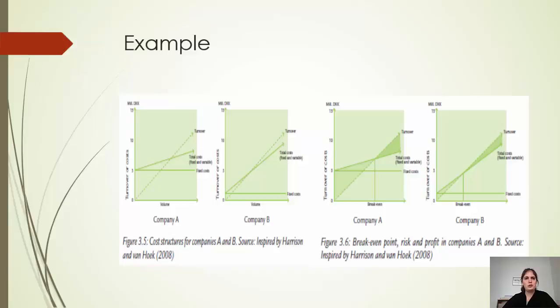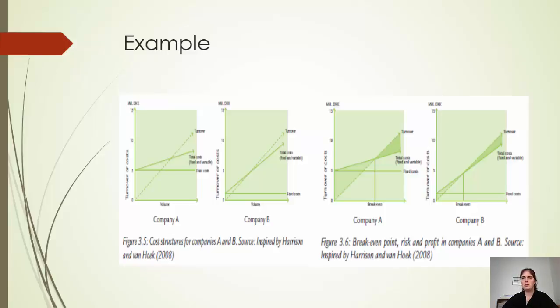The two companies could be examples of different types of companies. In one case we see that the fixed costs are very high, and on the other we see that the fixed costs are very low. High fixed cost could be if we have a very, very big company. We have a big factory where rent is high, we have a lot of machinery. Where company B could be an internet company where we don't have that many fixed costs.